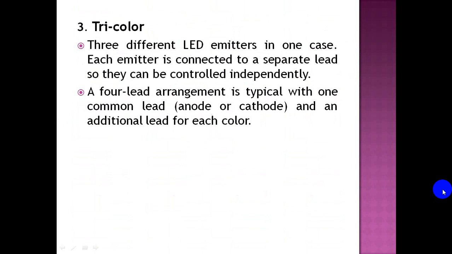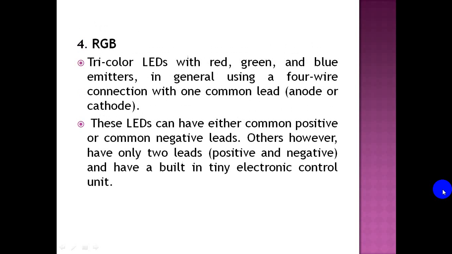Next is tricolor. Three different LED emitters in one case. Each emitter is connected to a separate lead so that they can be controlled independently. A 4-lead arrangement is typical with one common lead and an additional lead for each color. Next is RGB.